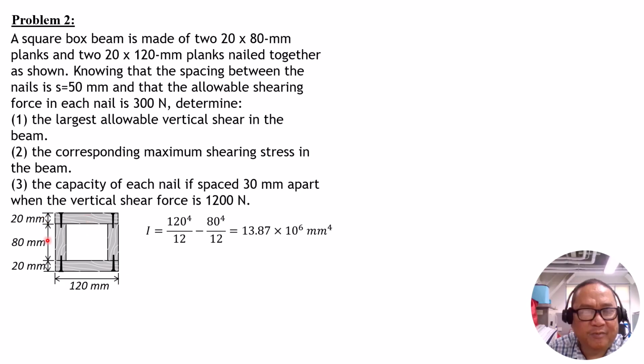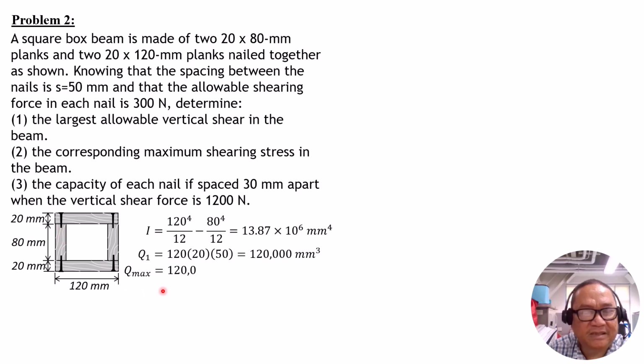While we have Q at this section where the nails are present, it is simply 120 times 20, then the moment arm from the centroid of that area to the neutral axis is 40 plus 10, 50. So Q1 equals 120 times 20 times 50, and that's 120,000 mm cubed. For Qmax, which is here, we add the moment of area above the neutral axis of this remaining section, which is 2 times 20 times 40 times 20.